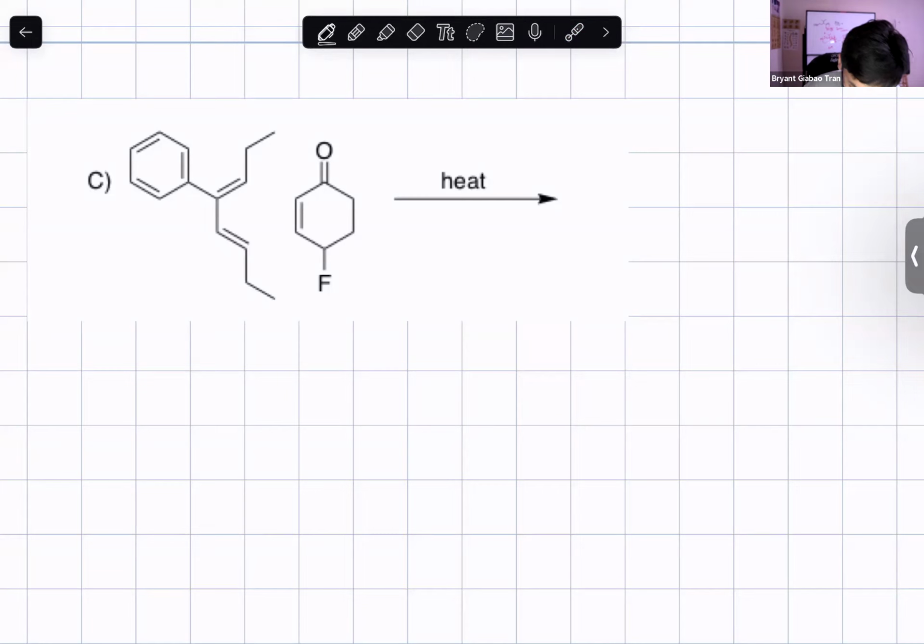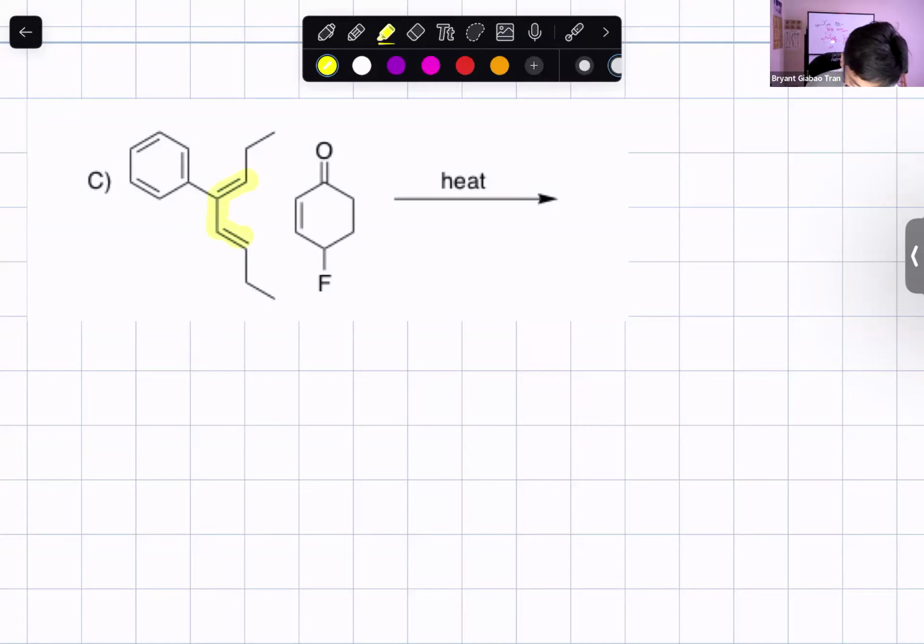Because our diene backbone here is going to be that. Our dienophile backbone is going to be this. So once we have located our diene and dienophile backbones in the Diels-Alder reaction, we're going to draw the pocket between them like that, right? Where I'm going to number these atoms 1, 2, 3, 4, 5, 6 for the Diels-Alder reaction.